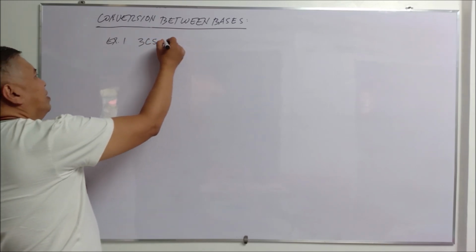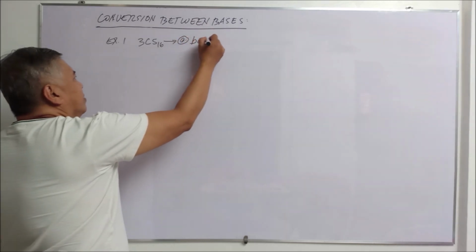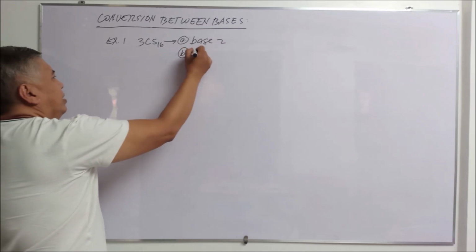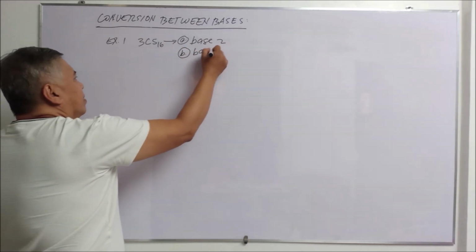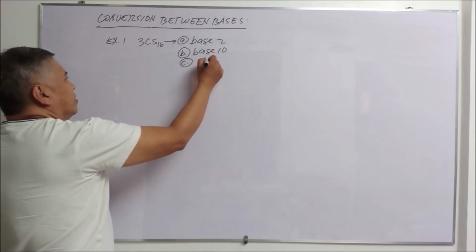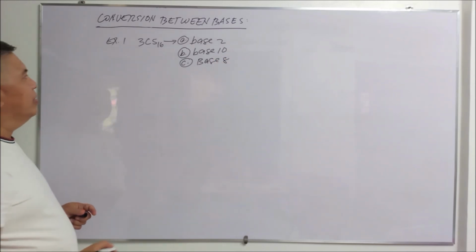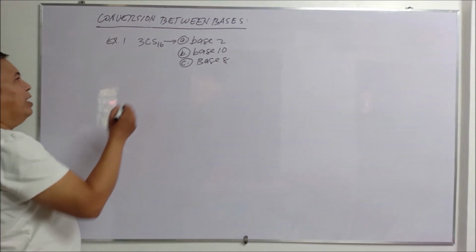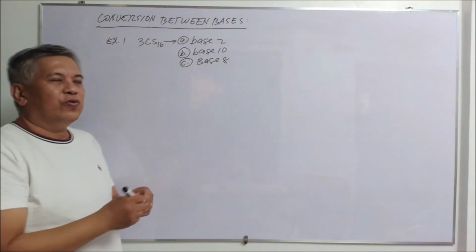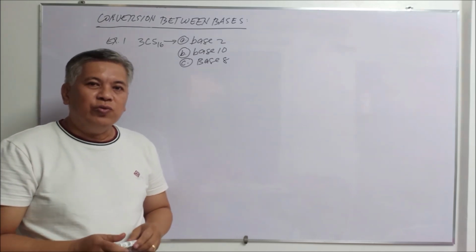We want this converted into letter A, base 2, letter B, base 10, and letter C, base 8. Okay? So, again, the first step is for you to convert the given number into base 2.